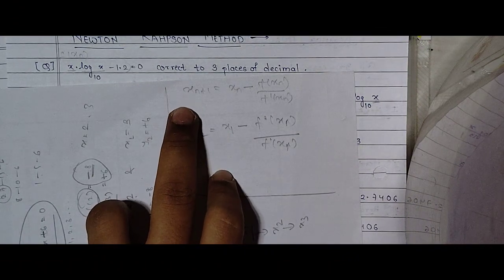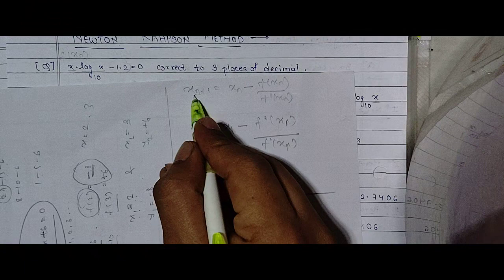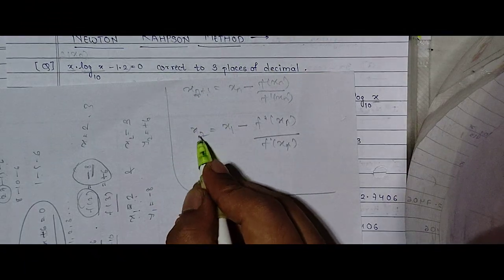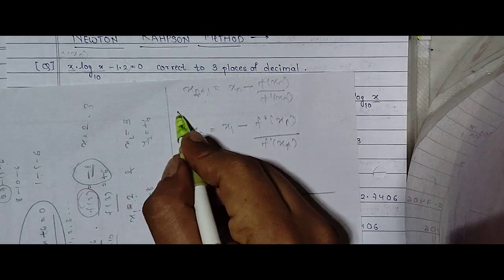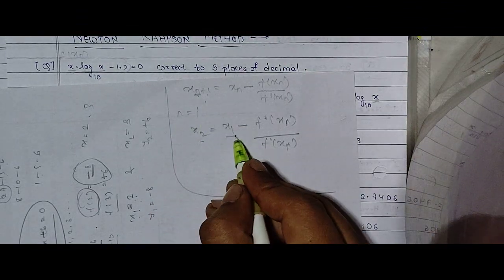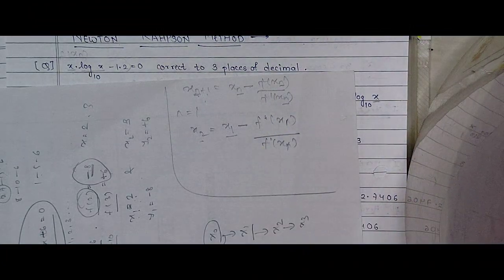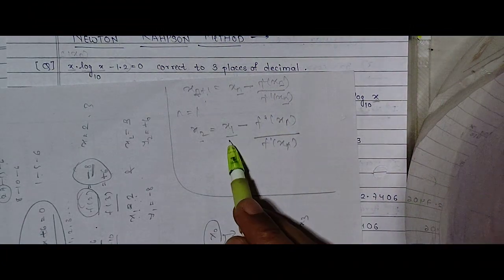Because from the formula you can see what you will put in place of n so that it becomes x2, simply 1. So when you put n equals 1, here also there is n, here also there is n, and here also this is n. So I have to substitute this n as 1.